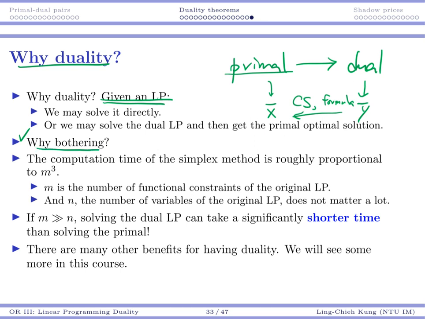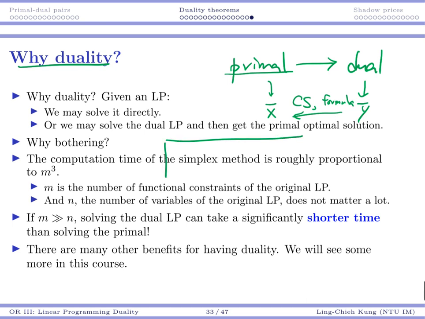Well, there are actually many reasons, but here I'm going to give you one that makes sense to you at this moment. Okay? So we know the computation time of the simplex method is roughly proportional to m cubed. Here, m is the number of functional constraints. Alright? So when you have a lot of functional constraints, that's going to make the simplex method slower, more things to consider.